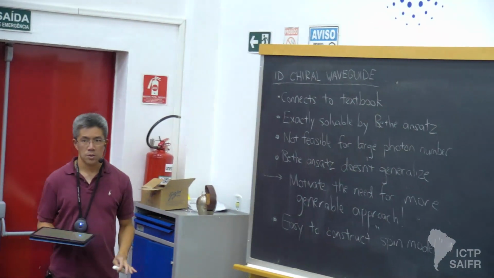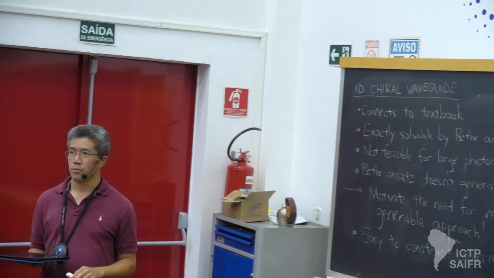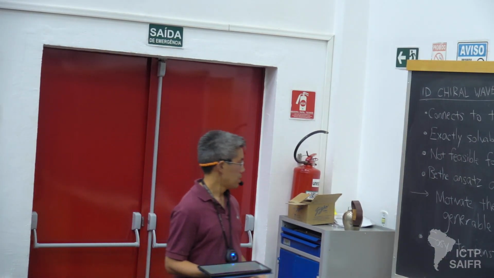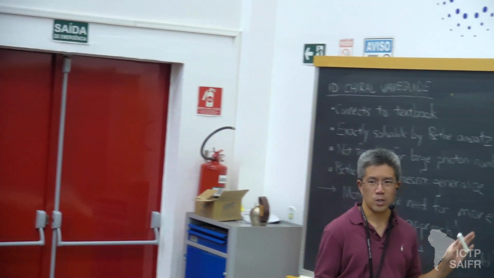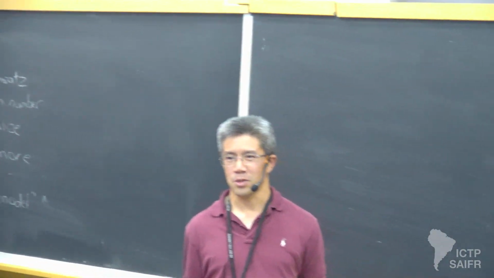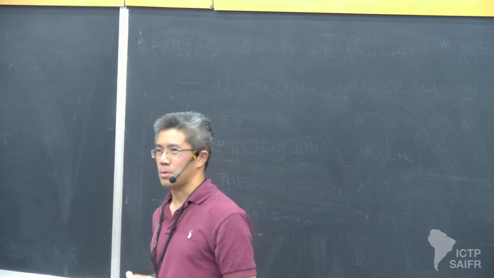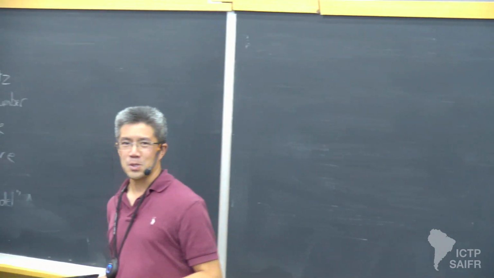So for those reasons, I decided to present this chiral waveguide as the first problem of atom-light interactions. I should say it's very strange, so I only decided to try this this time. This might be the first time in the world that people introduce or teach quantum optics starting from the 1D chiral waveguide. But we'll see how it goes, okay?